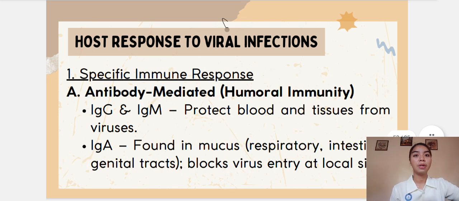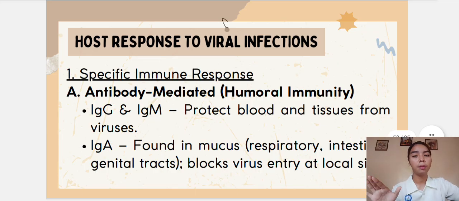So we have here our specific immune response, and one of this is called antibody-mediated immunity or the humoral immunity. One of the examples in the bullets we have immunoglobulin G and immunoglobulin M. Protects blood and tissue from the viruses.